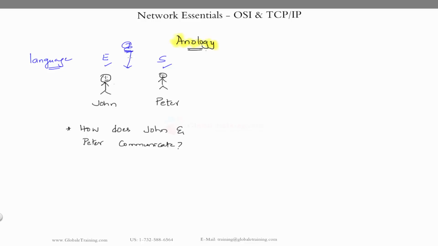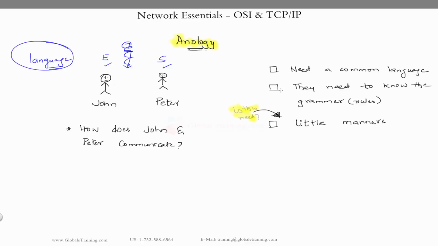But primarily we'll focus on two people trying to communicate, and as we know, we need a language. So that's where we would start. People need to have some common language. They need to know the grammar, which are the rules, so that they can use the language. And of course, a little manners.